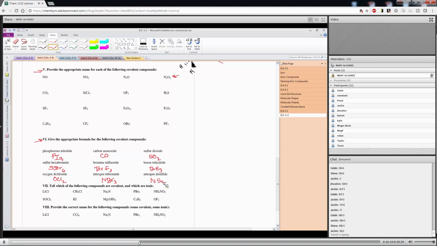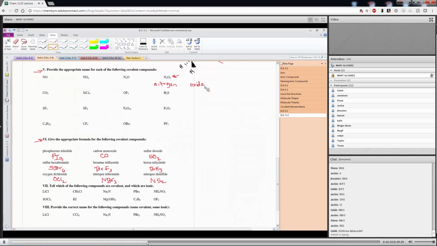Okay. Each of these only had 1 of the first atom listed, but what if we have like 2? Help me out. Go backwards with me. How might you guys name this guy? Now I have nitrogen, so nitrogen. And now I have oxygen, so that becomes oxide.